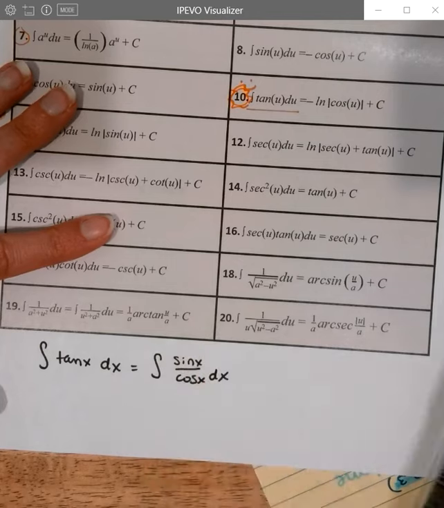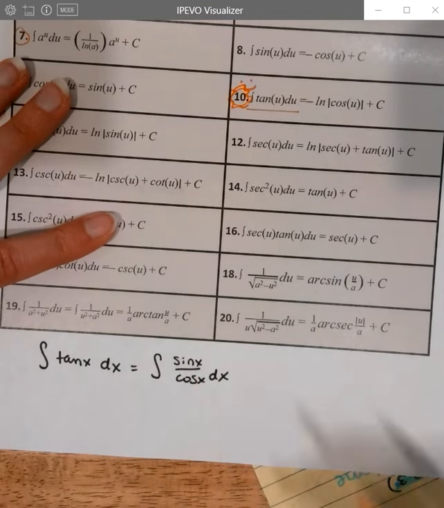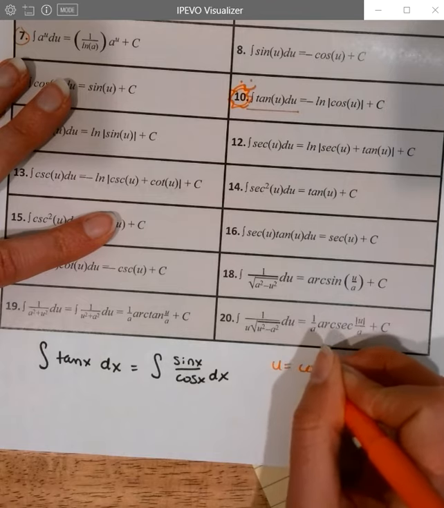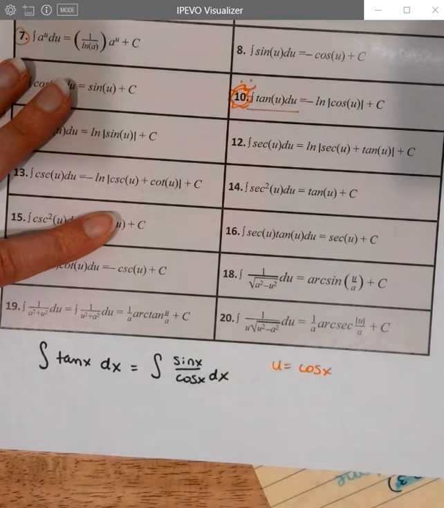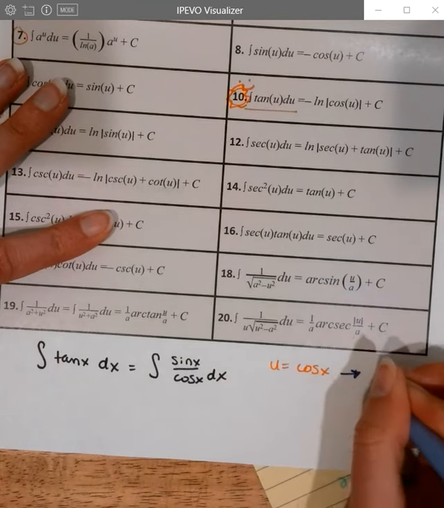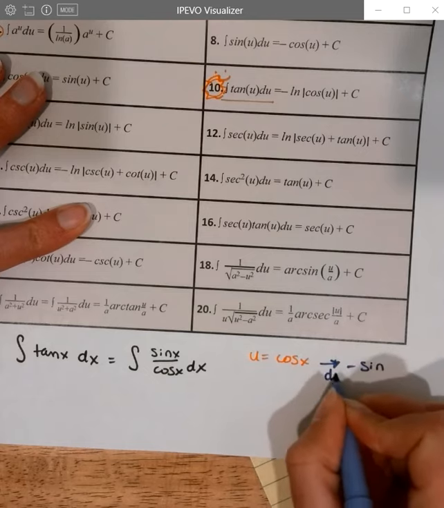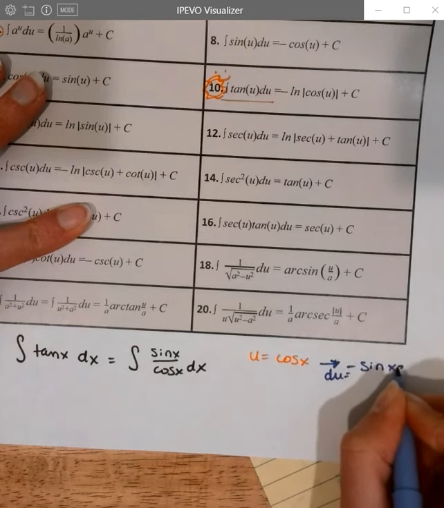And so if I choose a u substitution where u is equal to, I need an inner function, so I want my denominator, that's inside the bottom. If I choose u equals cosine, then its derivative, du, is negative sine of x dx.